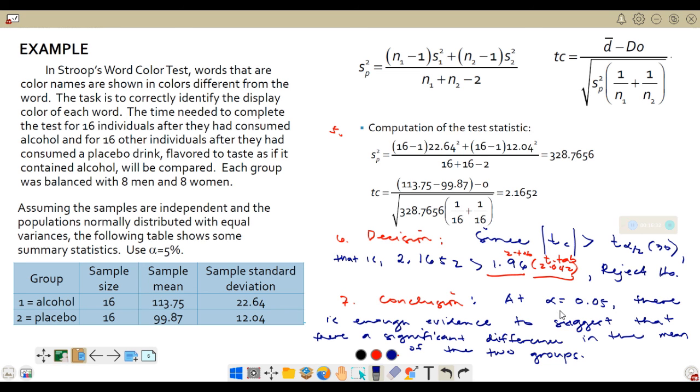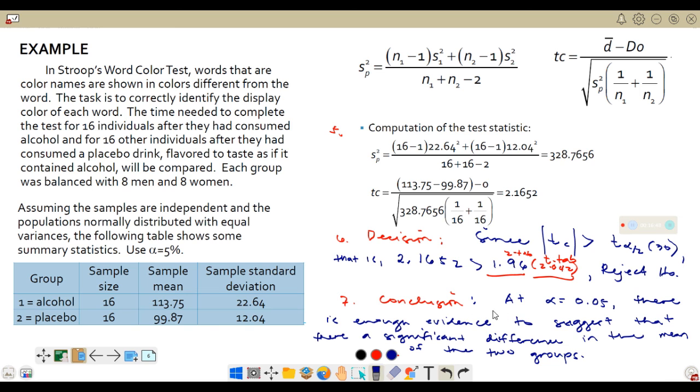Pwede nyo ring sabihin na at 0.05 level of significance, there is enough evidence to suggest that the mean time it took the two groups to complete the challenge are not equal.